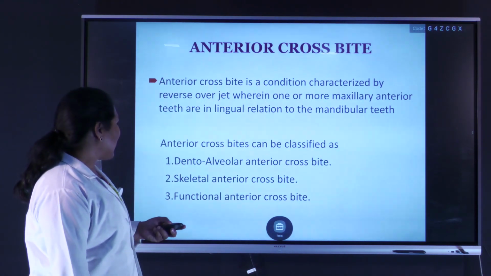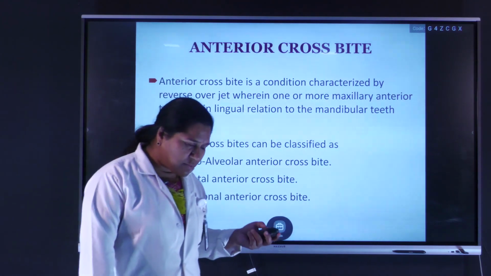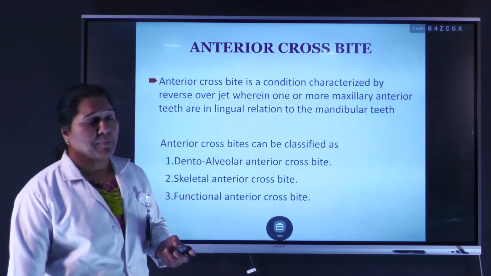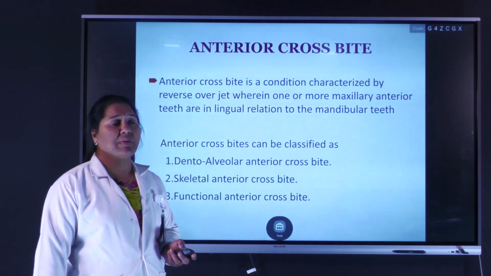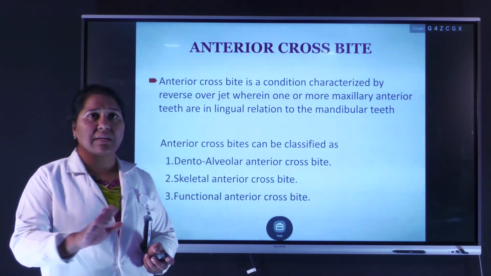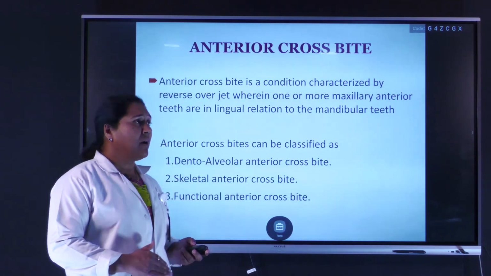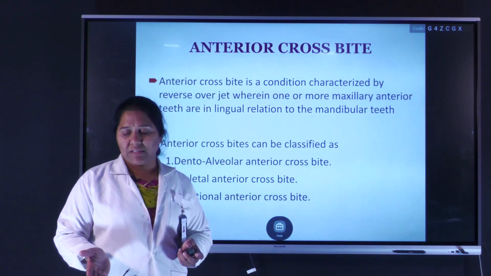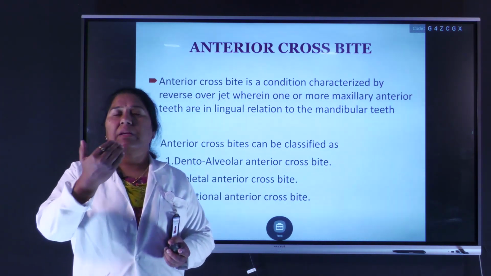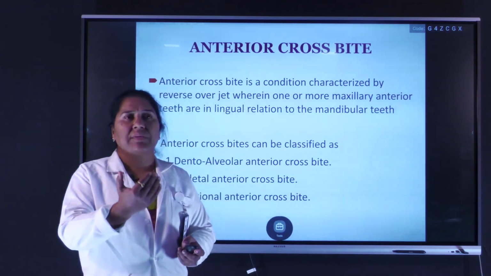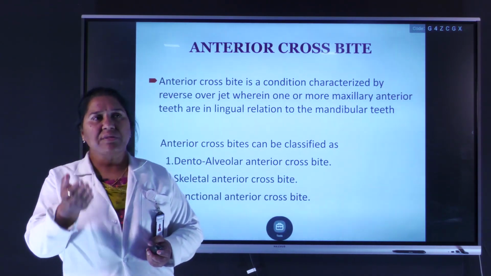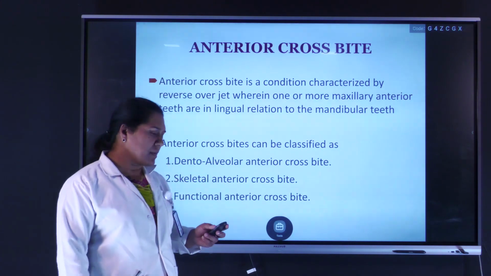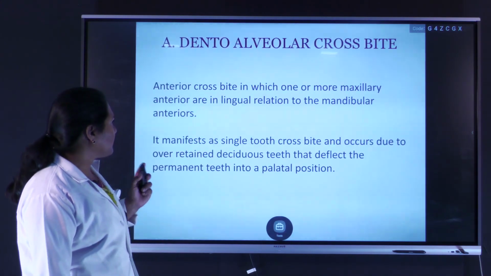These crossbites can be classified as dental crossbite, where the skeletal structure is normal, skeletal crossbites, and sometimes functional. A functional crossbite is where the patient is intentionally getting into the crossbite because of some premature contacts or something like that.